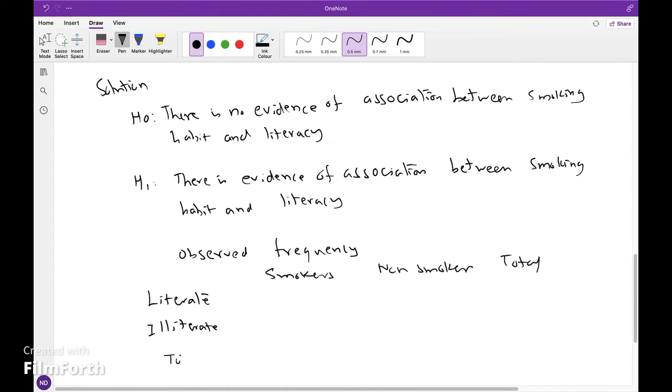Here also we need a total. Literate smokers 83, illiterate 45, so total 128. Non-smokers 57, 68, total 125. So totals 140, 113. This total is 253, capital N.